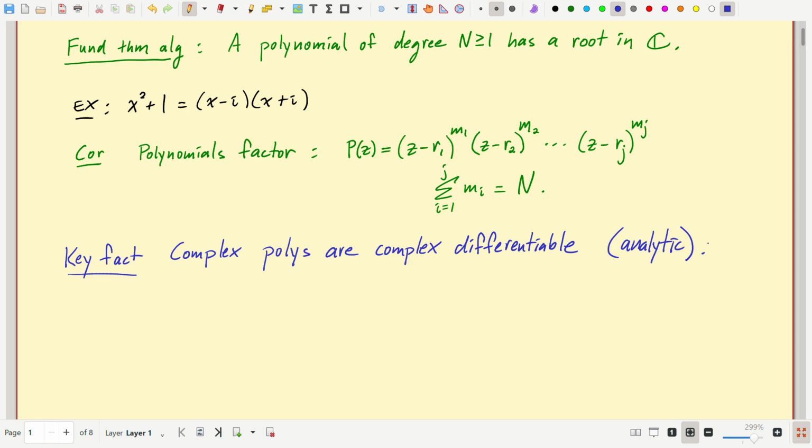Okay, so let me tell you what complex differentiable means. A definition. A complex function of a complex variable, f of z. Usually we have an open set omega in the complex plane, and we're mapping into the complex numbers.